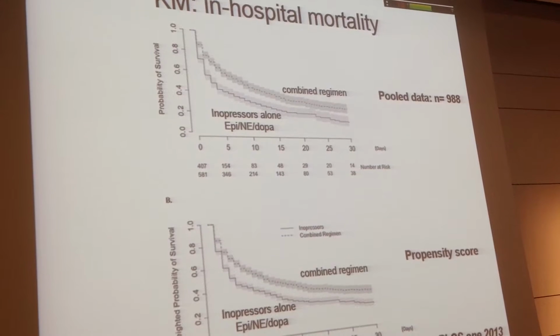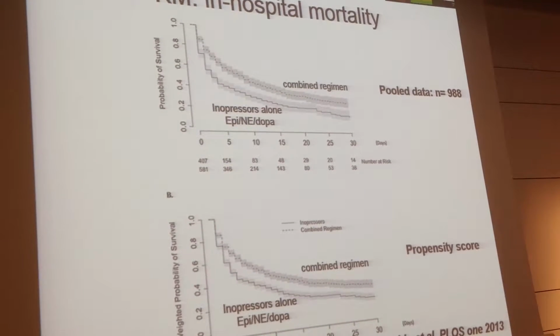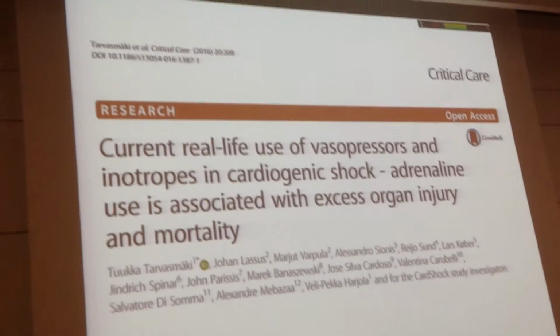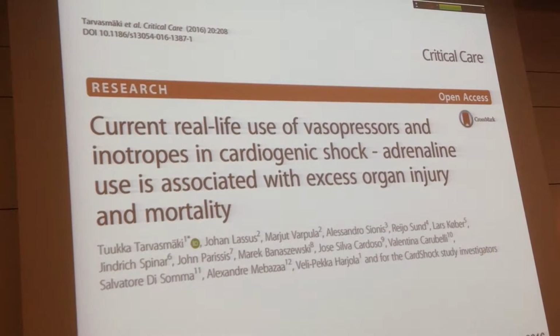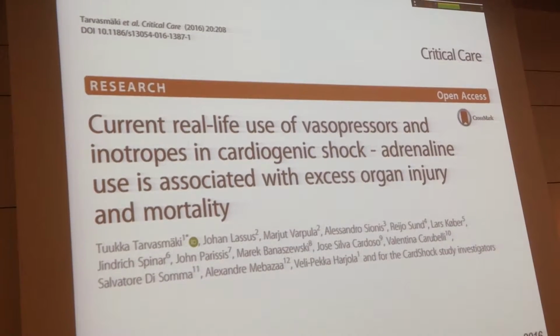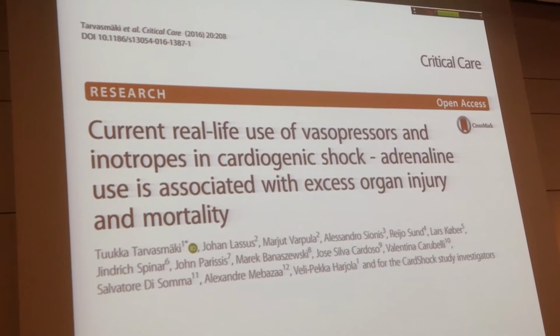But those who got the combination had a significantly lower mortality compared to those who received only epinephrine or dopamine. And to try to assess those negative effects of vasopressors alone, or at least of epinephrine, we did this analysis that was published last year in Critical Care.